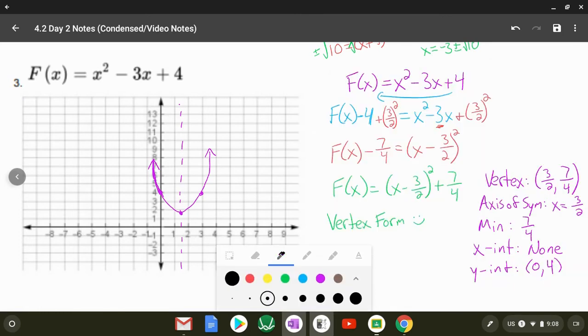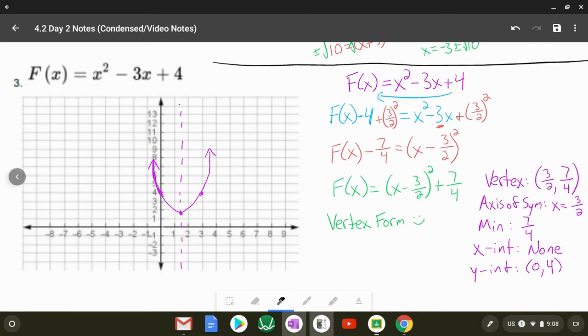So as we look through number 3, we've got it worked out here, but just as we did in the last one, remember you move the constant over, and then in this case it doesn't work out perfectly. You have to take the 3, divide it by 2, and then square it. Well, 3 divided by 2 quantity squared is 9 over 4, and then that 9 over 4, x squared minus 3x plus 9 over 4, factors to, again, because you completed the square, two binomials that are the exact same.